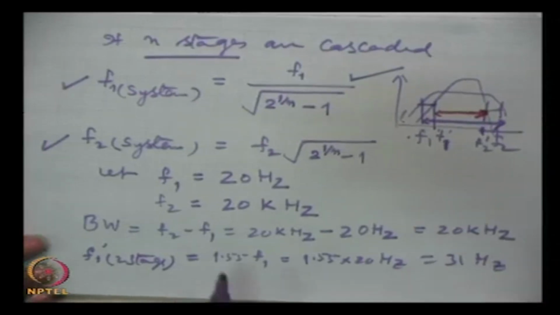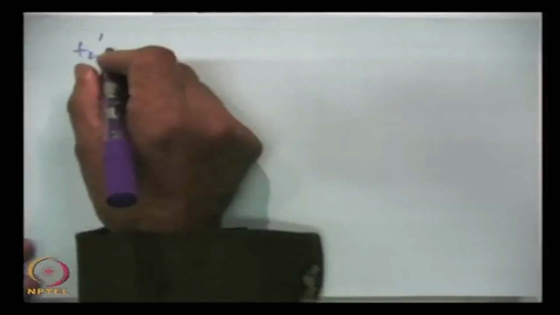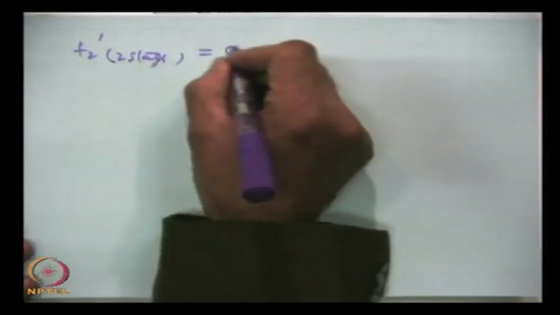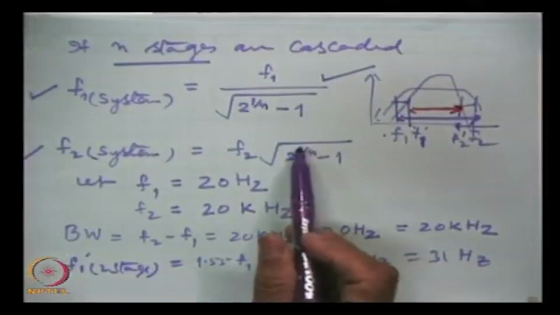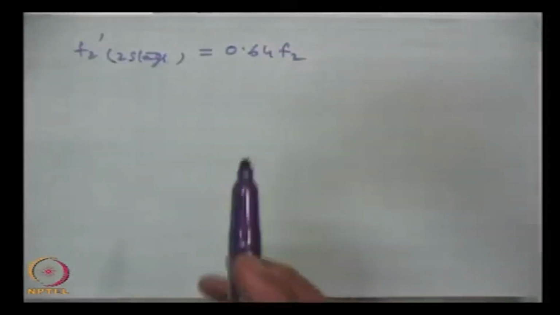Lower cutoff increases from 20 hertz to 31 hertz when two stages are joined together to form a multi-stage amplifier, and the upper cutoff F2 prime for the two stage amplifier is 0.64 F2 from this expression, 2 to the power half minus 1. When you solve it, it comes 0.64.